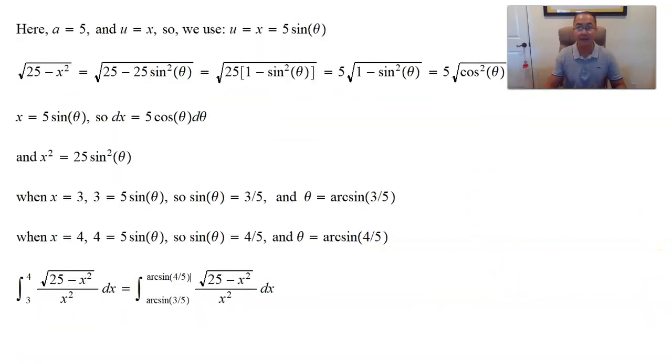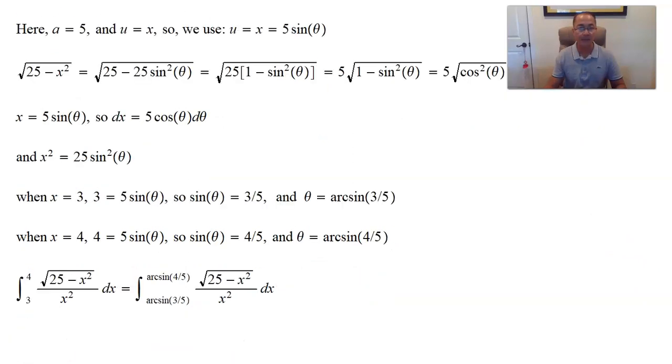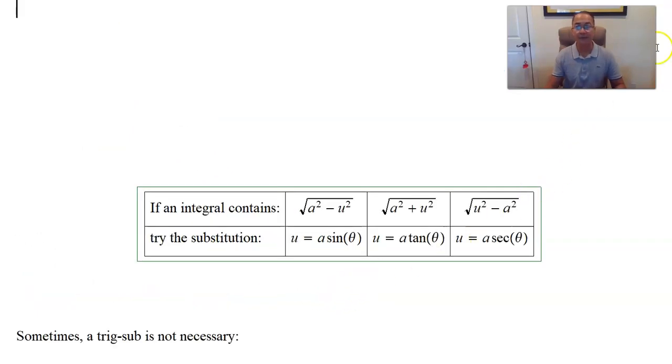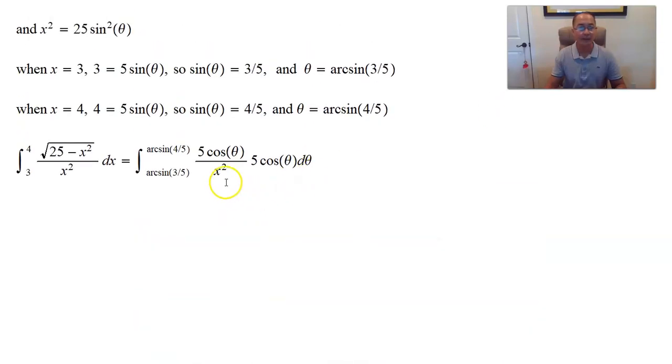Let me scroll down properly. There it is. It is 5 cosine theta. So we replace this with 5 cosine theta. Our dx is another 5 cosine theta, but it comes with a d theta. And our x squared, there it is. Good, we got everything right here: 25 sine squared theta.